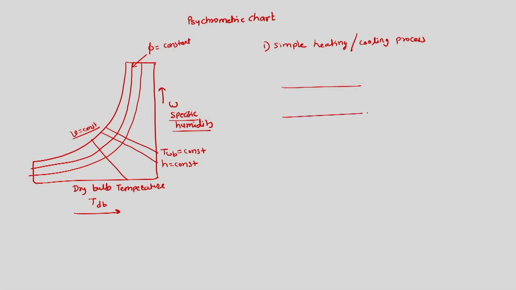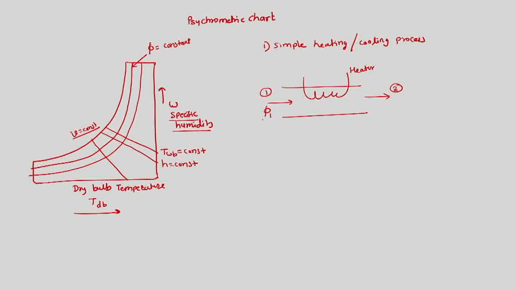Suppose there is a duct with a heater, so humid air comes in at state 1 and leaves at state 2. In this case the air will get heated, but we have to remember that the air will have some omega 1 and omega 2, and some phi 1 and phi 2 at the outlet.